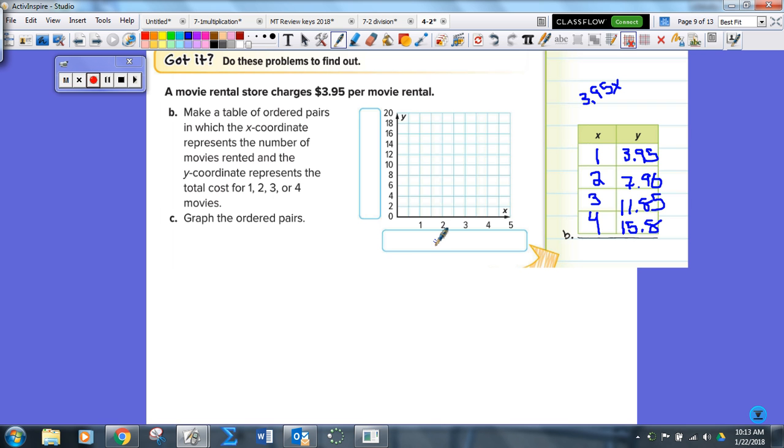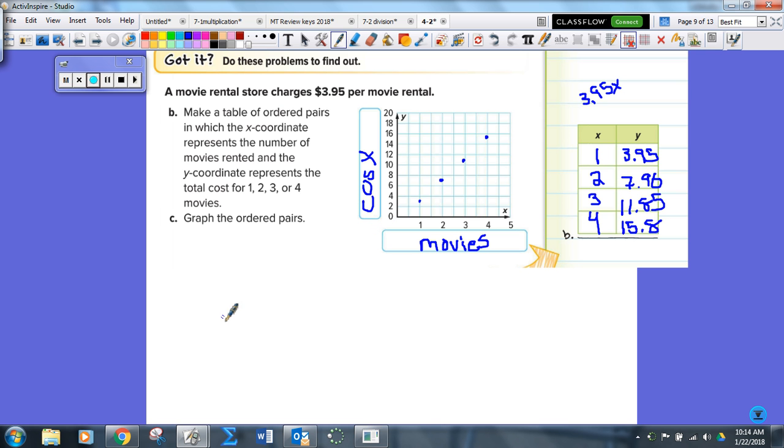My movies would go down here, and this is my cost. So 1 is $3.95, 2 is $7.90, 3 is $11.85, 4 is $15.80.